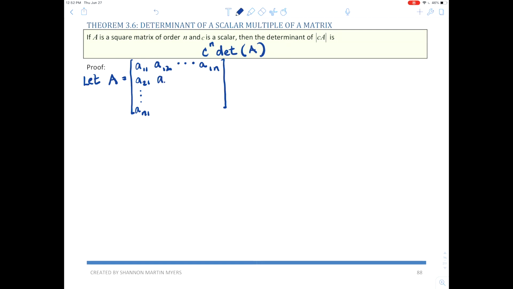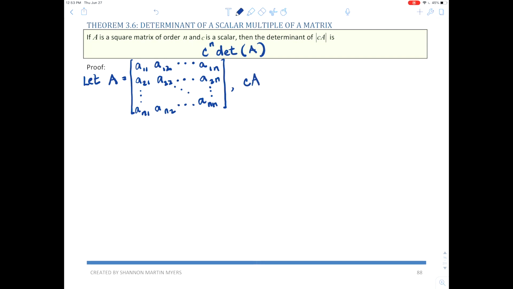And then the diagonals will go all the way until we get to Ann. And then we'll go across here until we get to A2n, and then we'll go down. And then here will be An2, and then dot, dot, dot. Good so far?